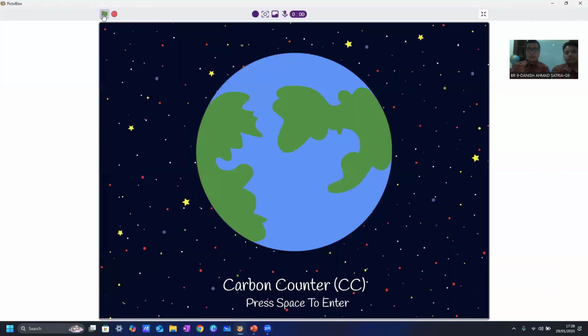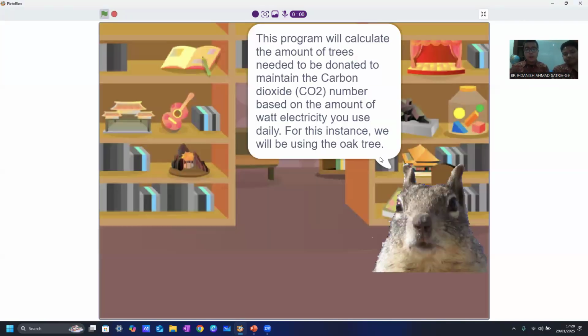And here is our project, the Carbon Counter, and let's get started. Our project Carbon Counter calculates the amount of trees needed to be donated to maintain these carbon dioxides. And the amount of carbon dioxide here is based on the number of watts that we use daily in our electricity usage.